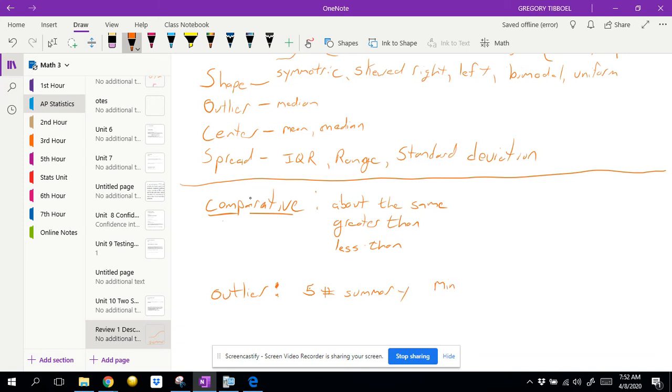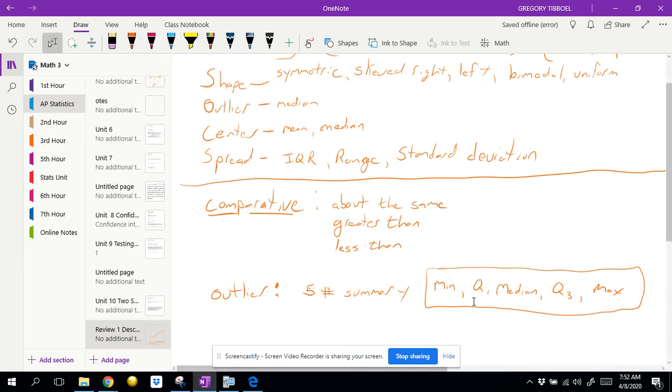It's the min, the Q1, the median, the Q3, and the max. 1, 2, 3, 4, 5. So if they give you this information and they ask about shape, center, and spread, well, there's a couple things that you really got to keep in mind.